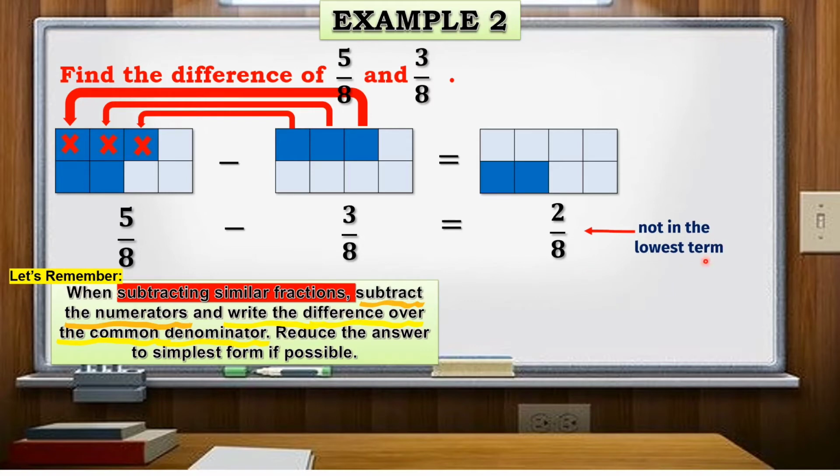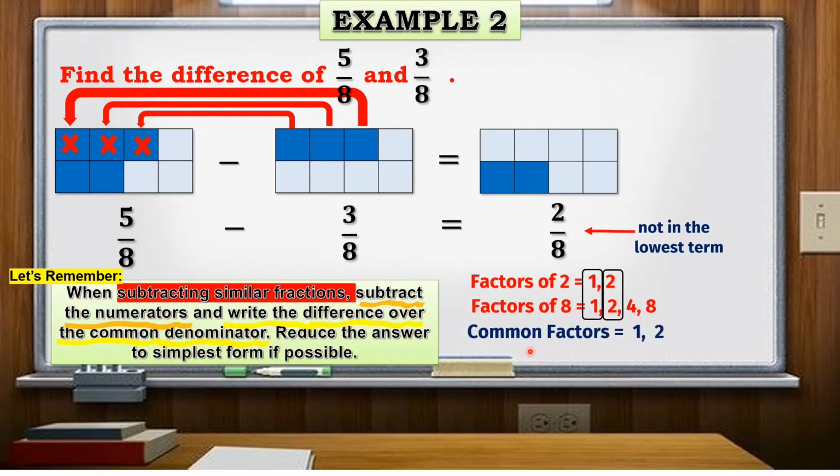2/8 is not in the lowest term. So, we are going to reduce it to its simplest form by getting the GCF. Factors of 2 are 1 and 2. Factors of 8 are 1, 2, 4, and 8. Common factors of 2 and 8 are 1 and 2.